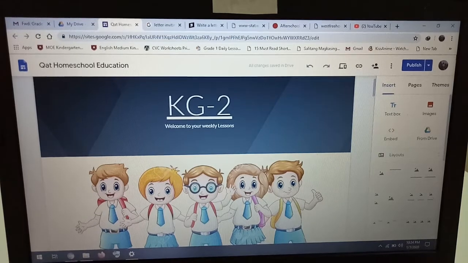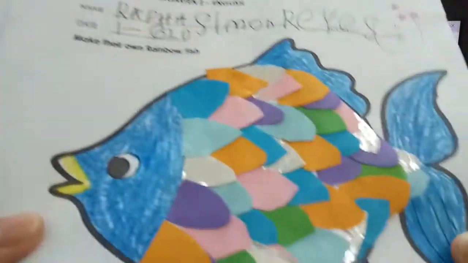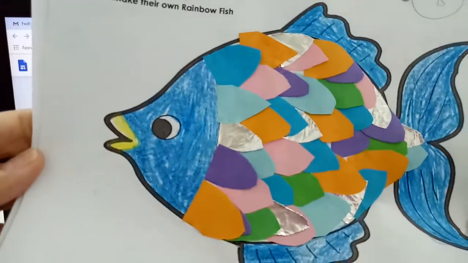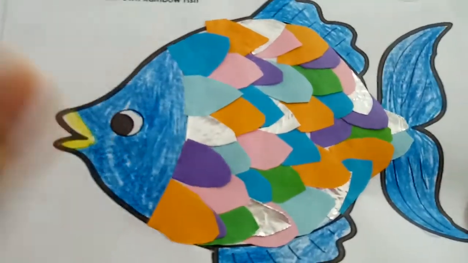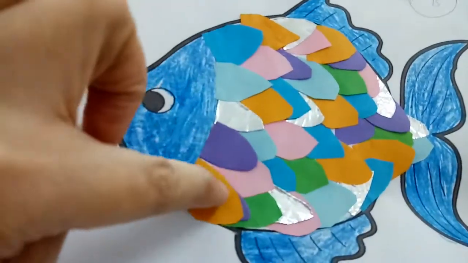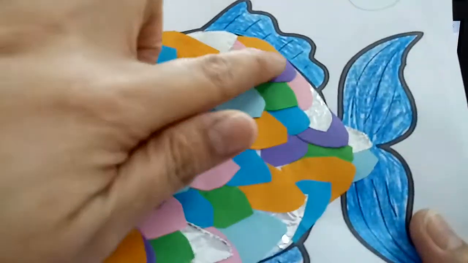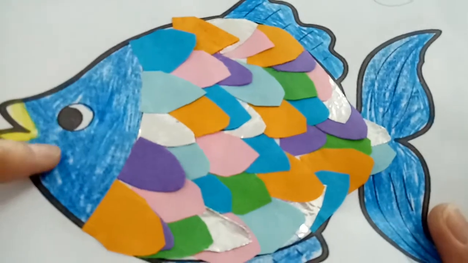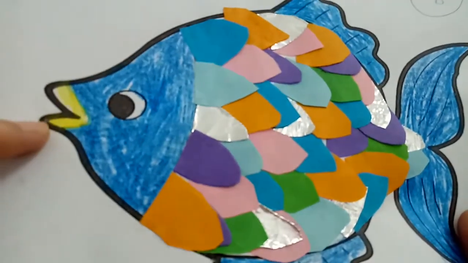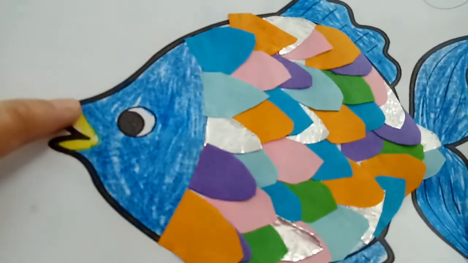So I'll show you. Okay, here are some finished projects of the children, the ones that we did here in the hub together. So it looks like this one. We cut the paper into pieces, and then once you start, you are going to color the tail, the fins, and the face, but do not color the eyes and also the lips, because the lips here you're going to color with yellow.